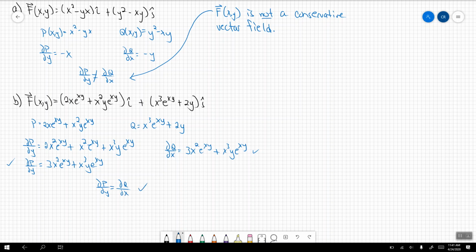Which means what we can say here is that f of xy is a conservative vector field. Yay. Awesome. So we are able to extract that we are working with a conservative vector field here at this point in time. So let's look at one more example.